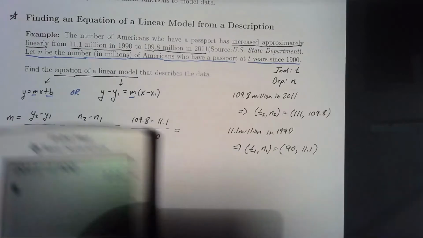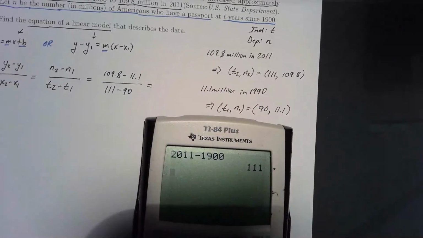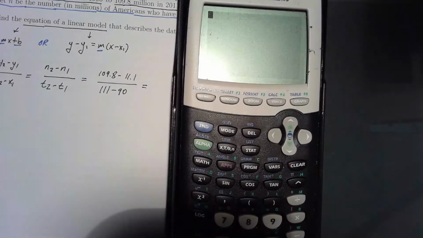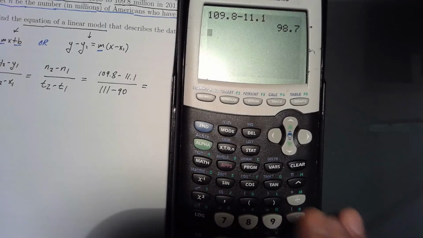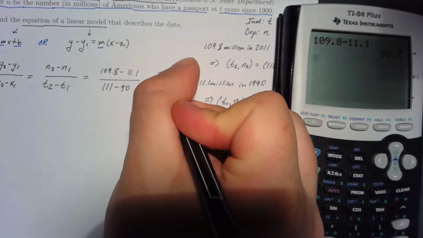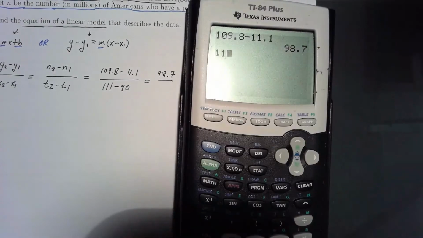Since we're working with decimals here, using your calculator is a wise choice. So 109.8 minus 11.1 is 98.7, all over 111 minus 90, which is 21.